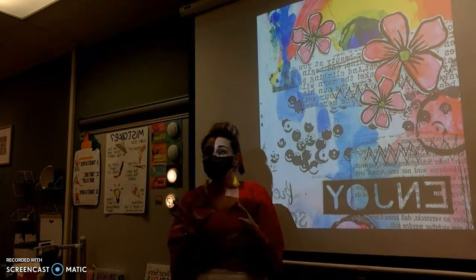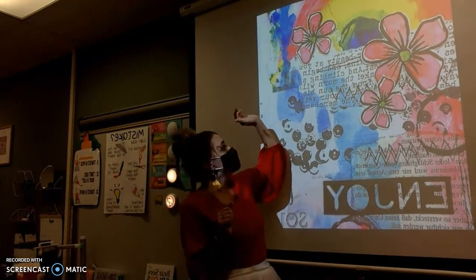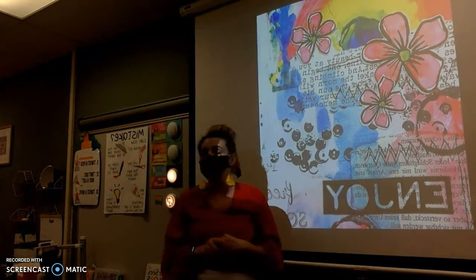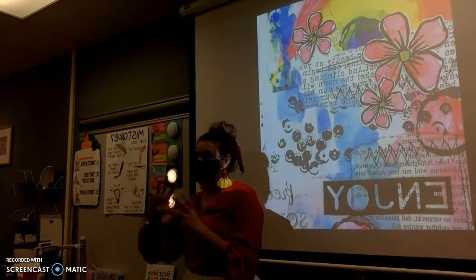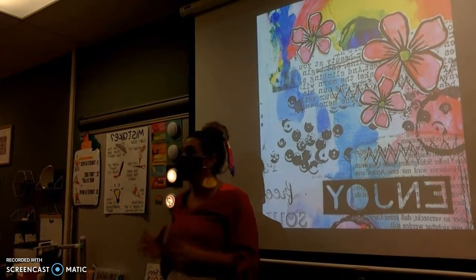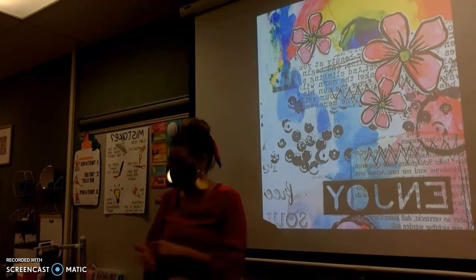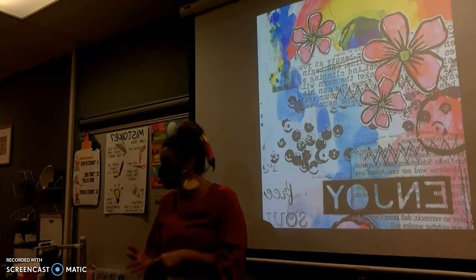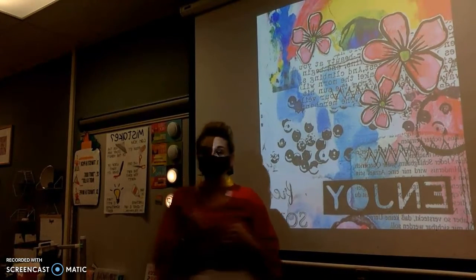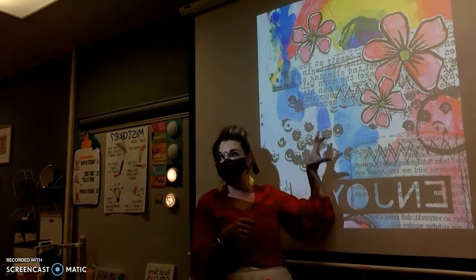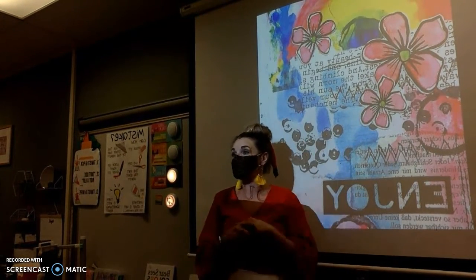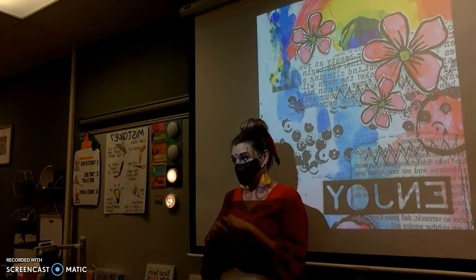So I want you and your table team to take a look at this picture and investigate and see how many different types of media you can identify. Then count all of that different media that you think you have found, and give me a guess on how many different types of media you think this artist mixed to create this collage.